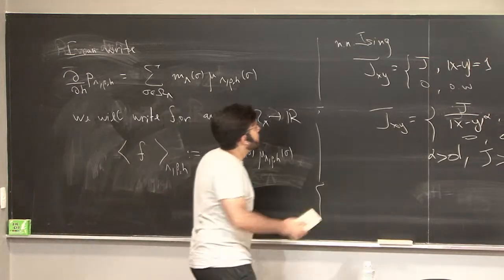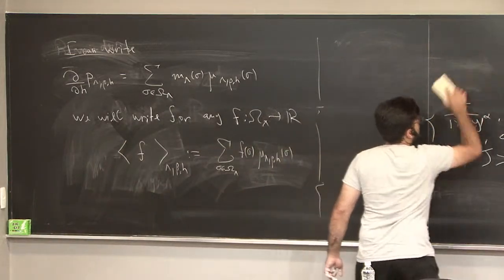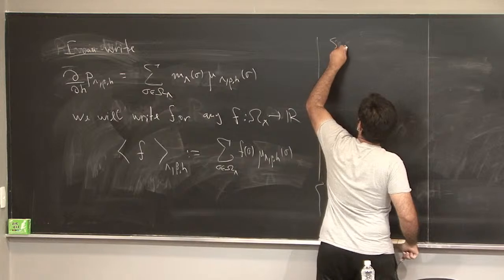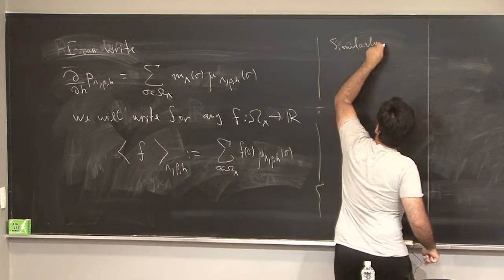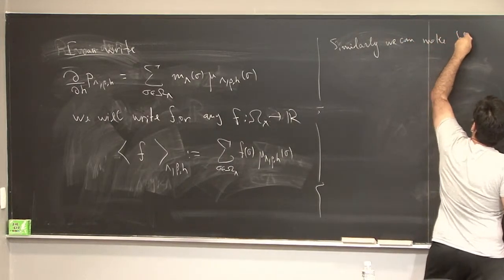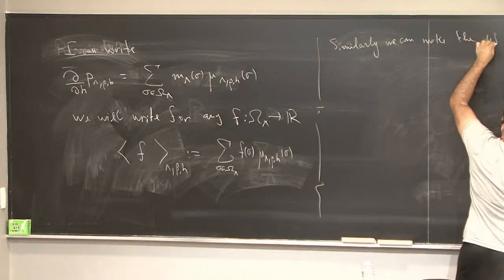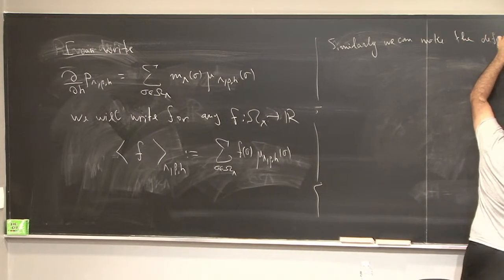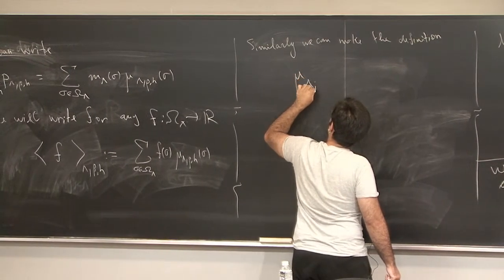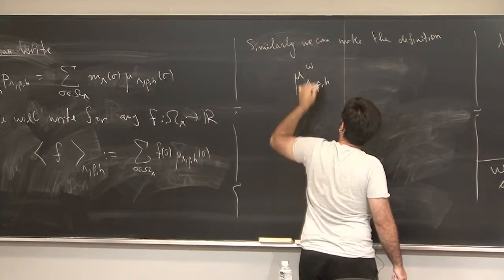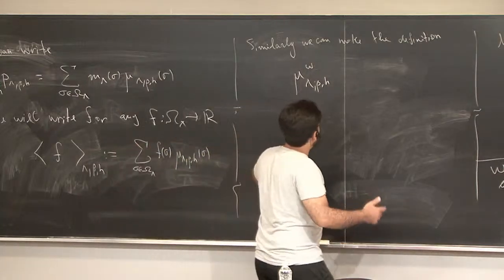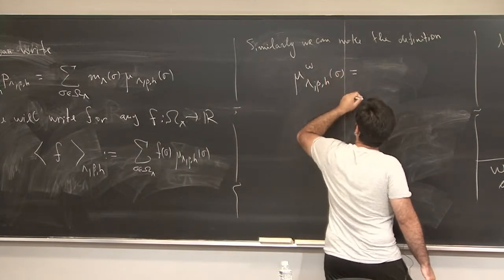So similarly, we can make the same definitions of the finite volume Gibbs measure. I will call it like that already. This is the name. It's the finite volume Gibbs measure. So something like this.